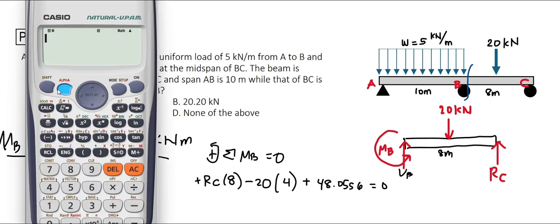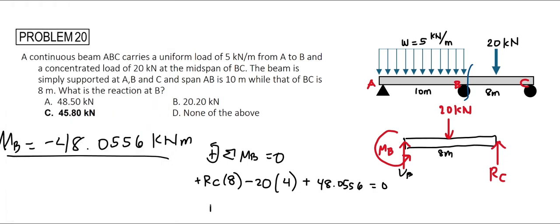We can solve for R sub C, that is equal to 3.99, or approximately equal to 4 kilonewtons.